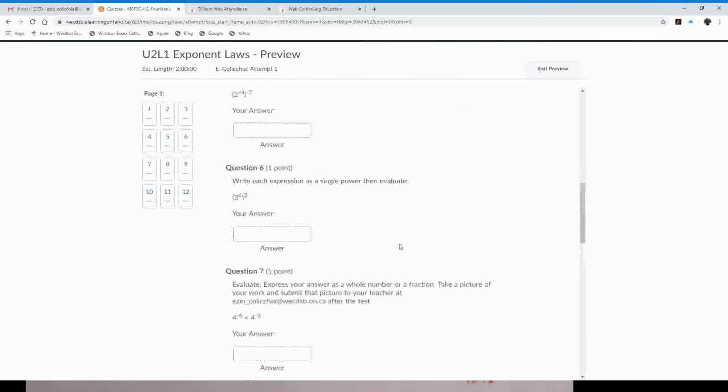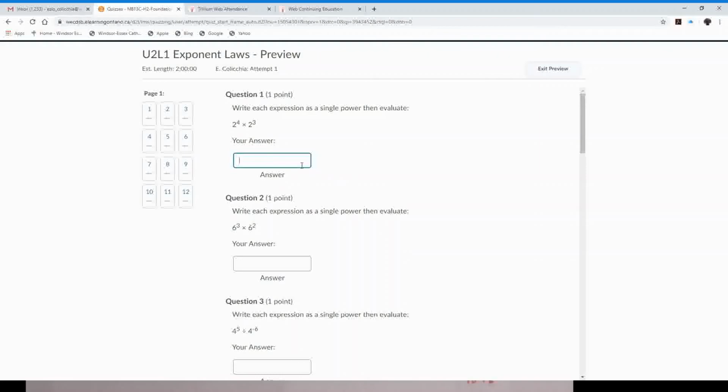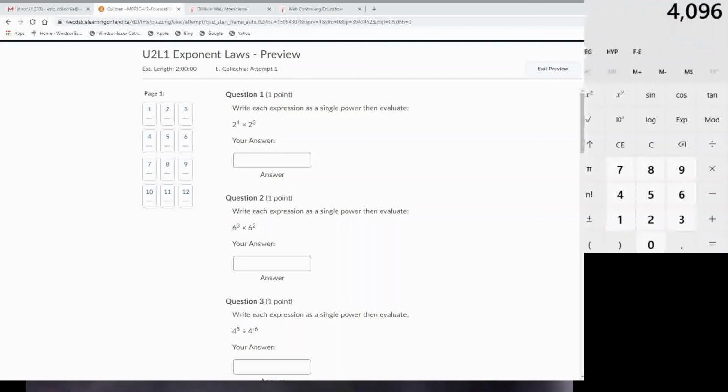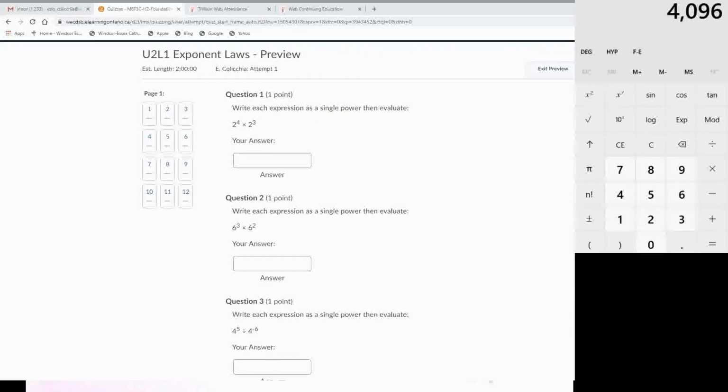So for the first few, I'm just going to move this over to the side so that I can see my calculator. You'll be solving these by using your calculator and writing down the answer.